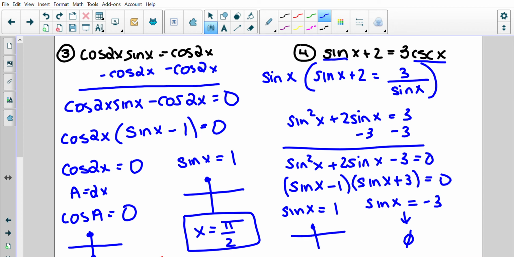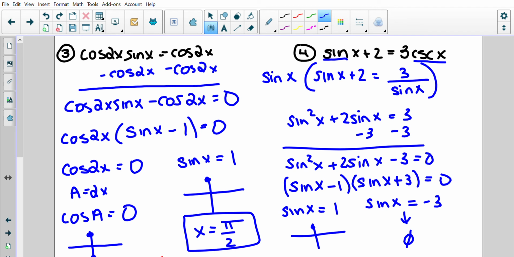Now, one thing I do want to mention that I forgot to mention last time is that when you guys are going through and doing these problems, if the problem involves a trig function with a denominator, which would include tan and cotan, right? Because those can be written as sine x over cosine x or cosine x over sine x.